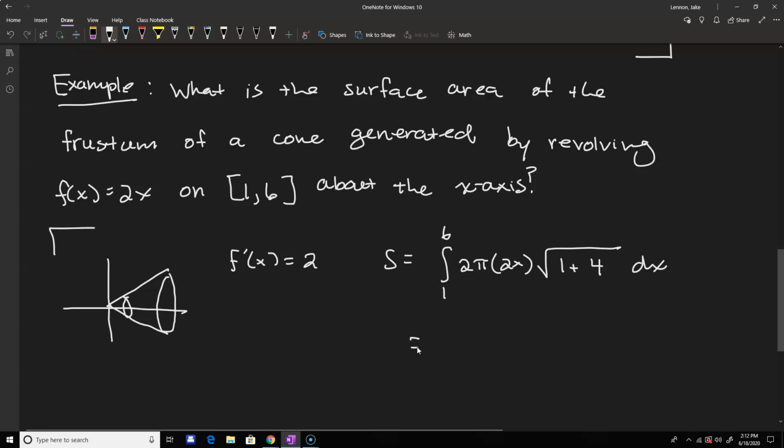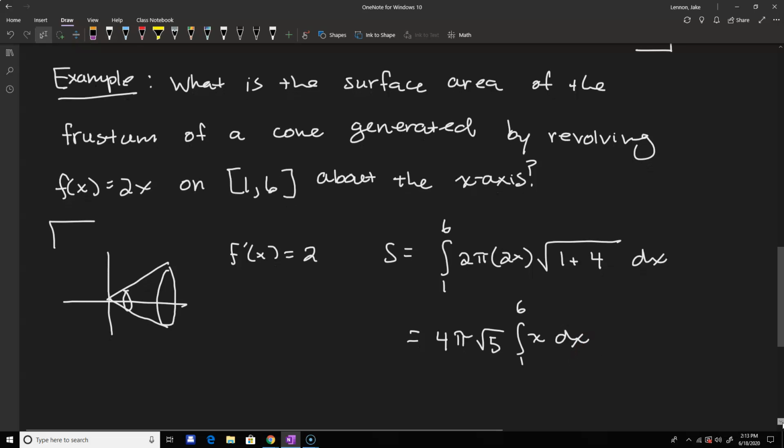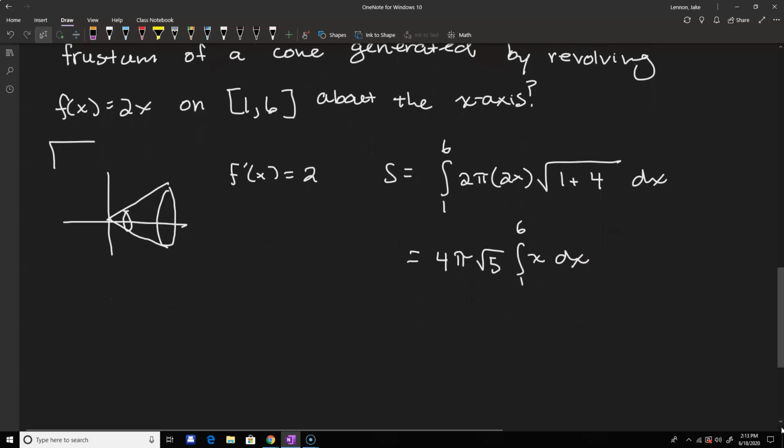So again, this is much easier to compute. Everything's really a constant, so we can pull the 4 pi and the square root of 5 all out front. 4 pi times the square root of 5, integral from 1 to 6 of x dx, and the integral is very simple.